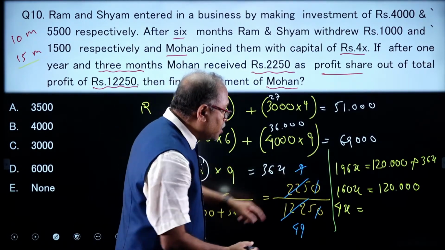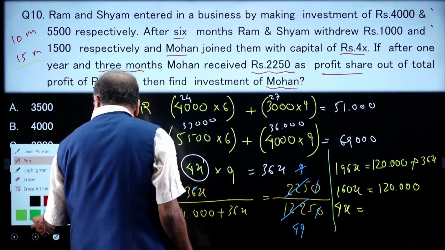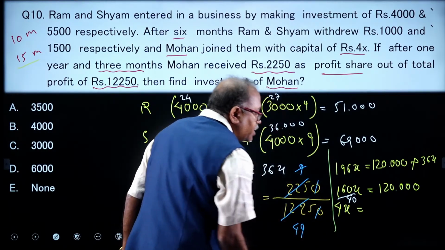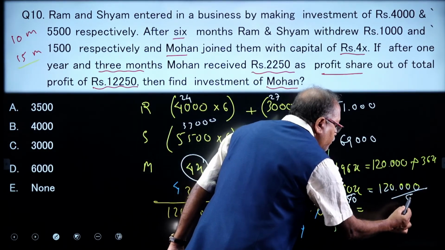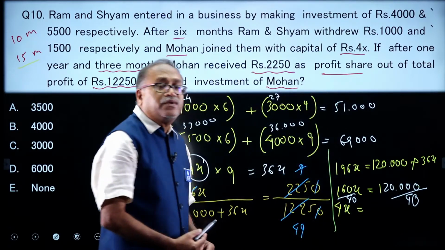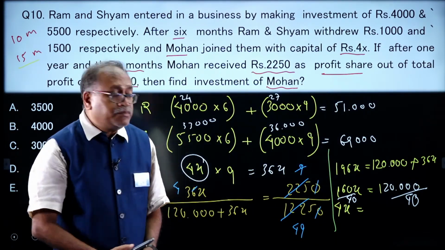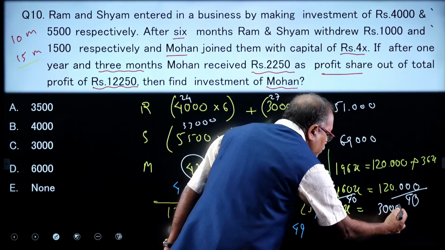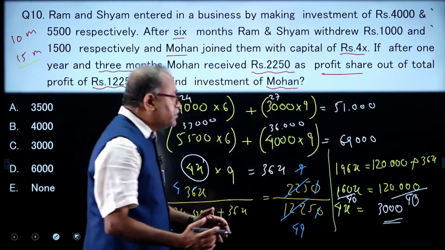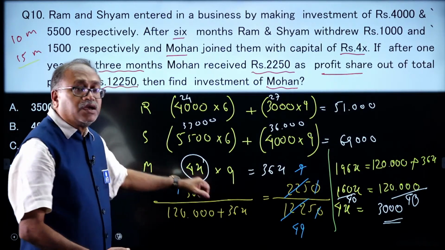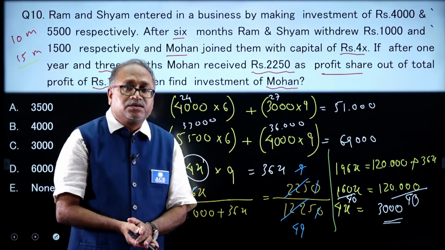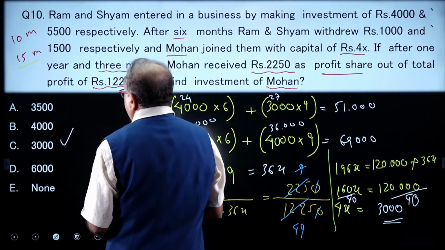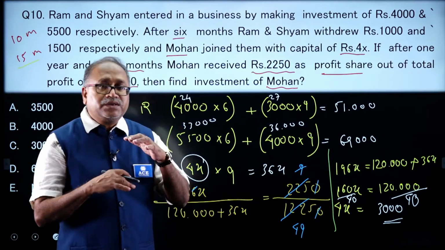Can you notice that if I divide this number by 40, I get 4x. So divide this number by 40, you will get the 4x value, and that is nothing but 3,000. So 4x is equal to 3,000. That means the capital of Mohan was 3,000. So do we have option 3,000? Option choice C.